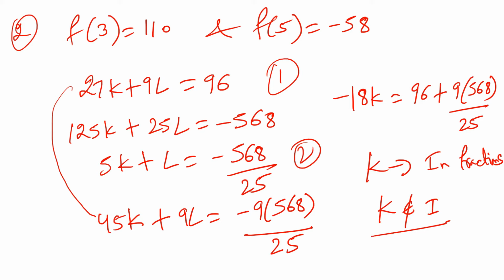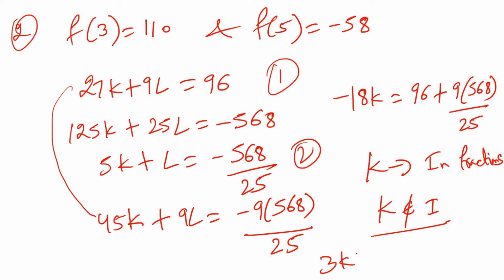And clearly this particular case is ruled out as per the requirements of the question, because it was given that we have to find the values of k and l as integers. So that means we will remove this case. Hence our answer will come from the first case only, and that is 3k plus 2l equal to minus 4.